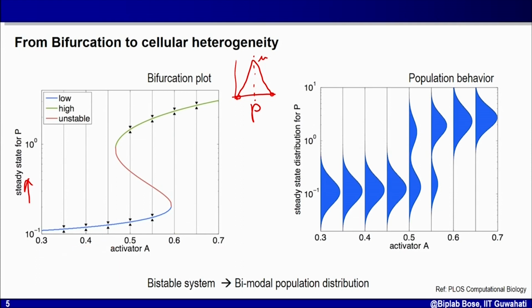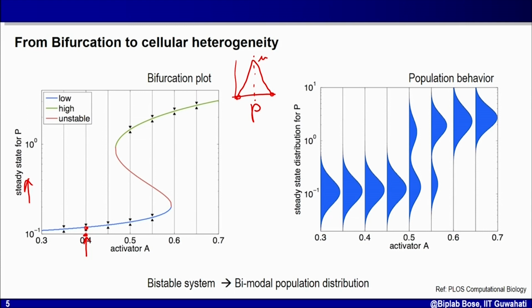So suppose I am giving a signal A to a population of cells, and the value of that signal is suppose 0.4 here. Then the steady state value of P on average will be this one, because there is only one possible steady state.